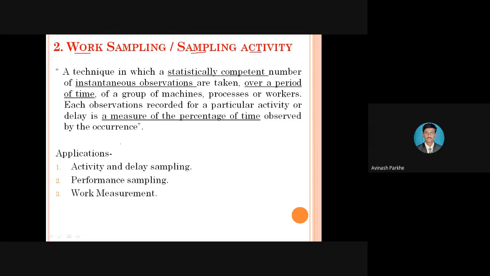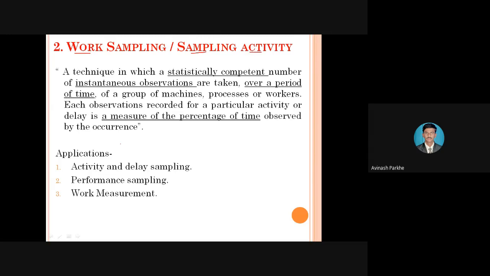And from that, one more observation: by what percent the workers are working and by what percent the workers are idle. Therefore, work sampling is a process in which a number of observations are made over a period of time, and from those we have to identify in percentage how many workers are working and how many are idle. This is related to the workers. Similarly, how many machines are in working condition and how many are idle.